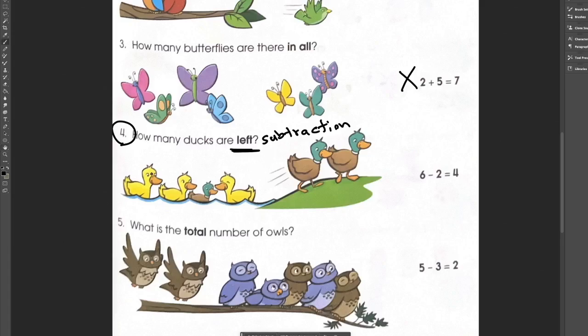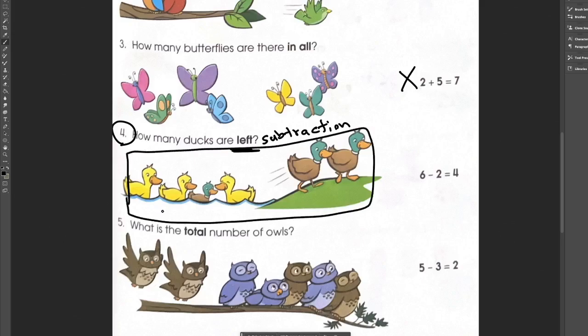Alright, so we first, as always, count the total amount of things, or in this case ducks, in the picture before anything left. So there are 1, 2, 3, 4, 5, 6 ducks. So from process of elimination this will be the right answer since this is the only one with 6. But let's just go through it to make sure.